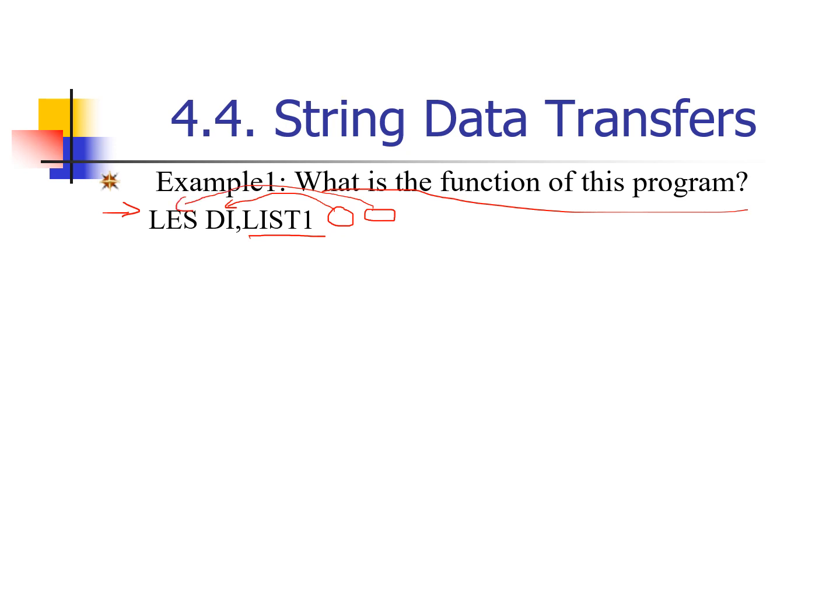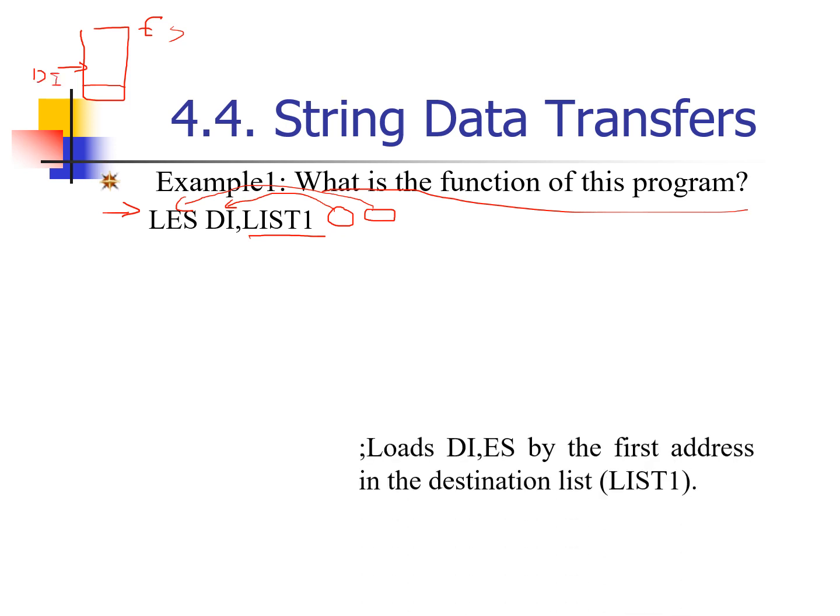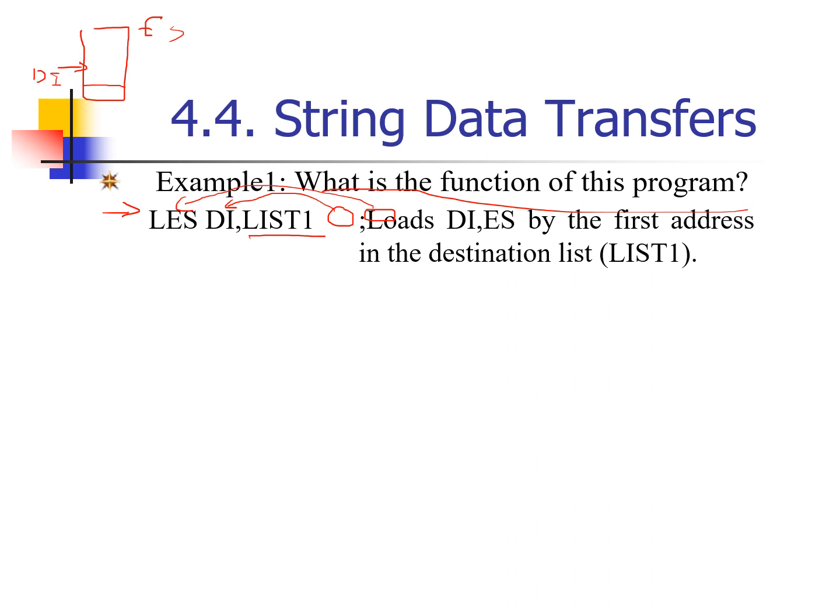So you are now pointed to some location inside your ES. This is the new ES, and here is your value of DI. So it loads DI and ES with the first address of the destination, list 1.